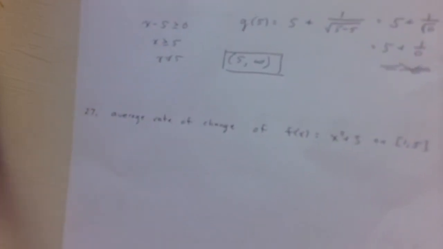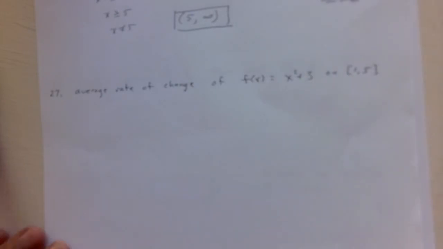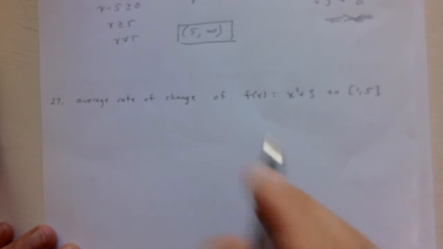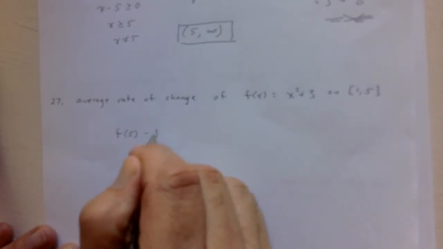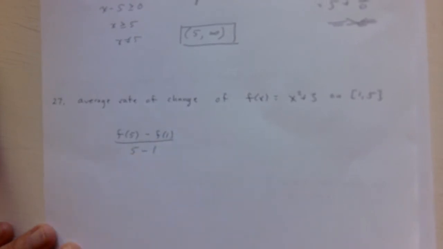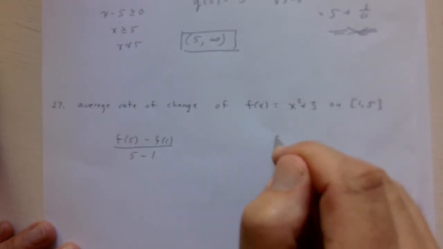Okay. The average rate of change of this function, x squared plus 3, on this one, we talked about that. That's f of 5 minus f of 1 divided by 5 minus 1. We had a formula for that, which you could have written down on your notes. All right, well, what's f of 5?